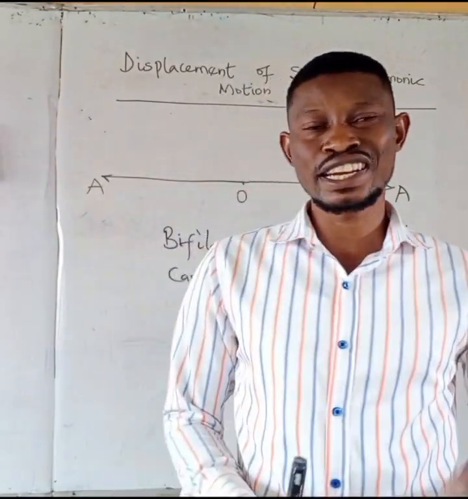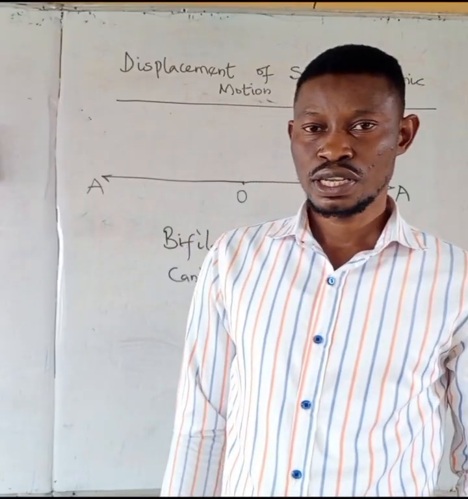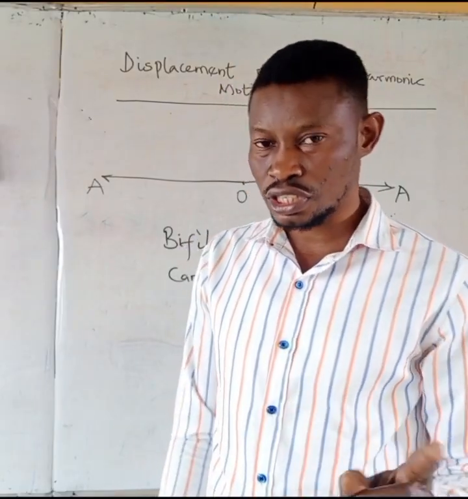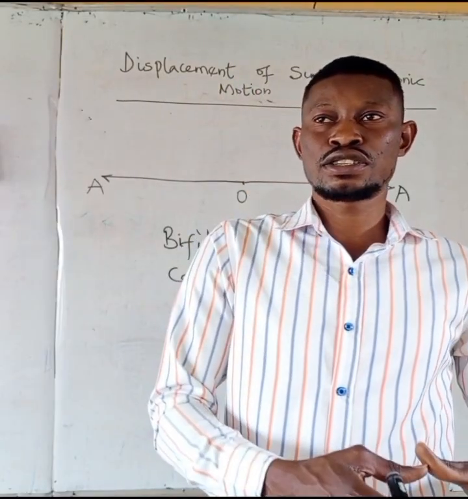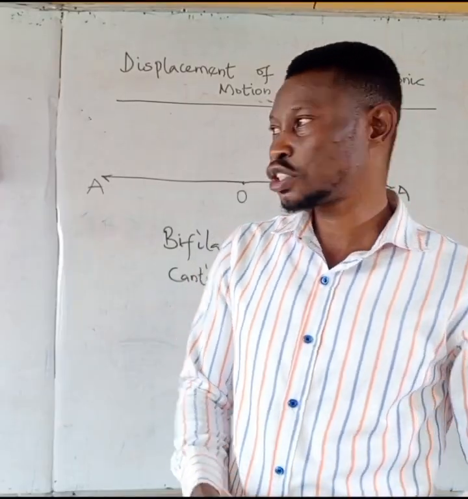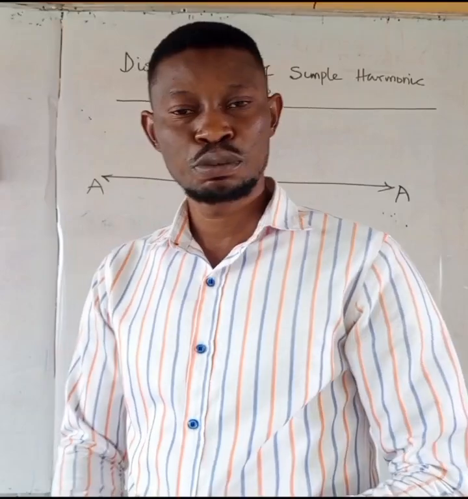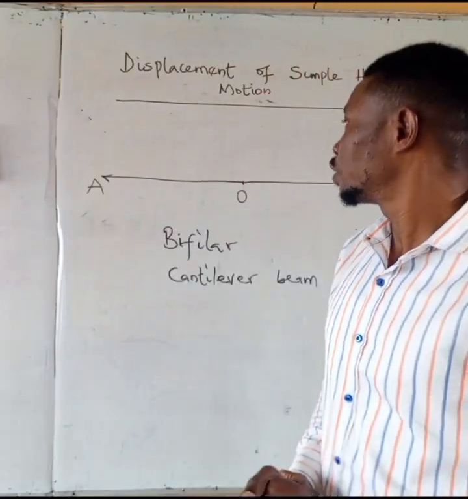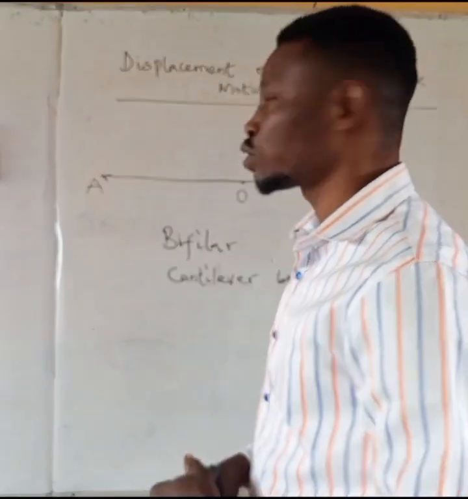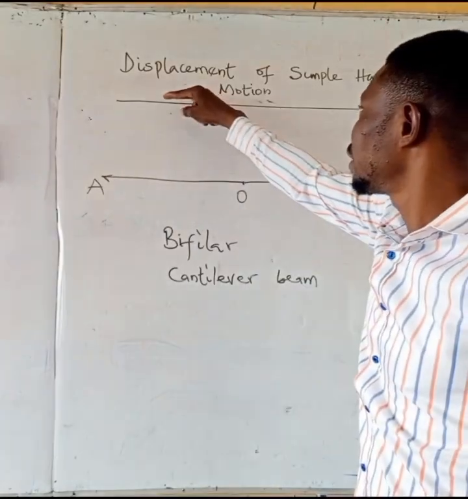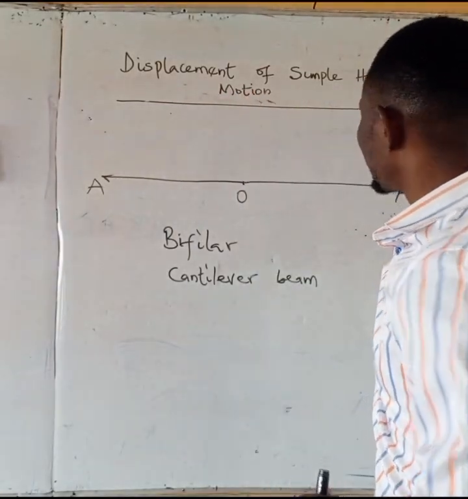So we cannot say that there is a restoring force. And the acceleration is not in any way directed towards a given position like we described for normal simple harmonic motion.